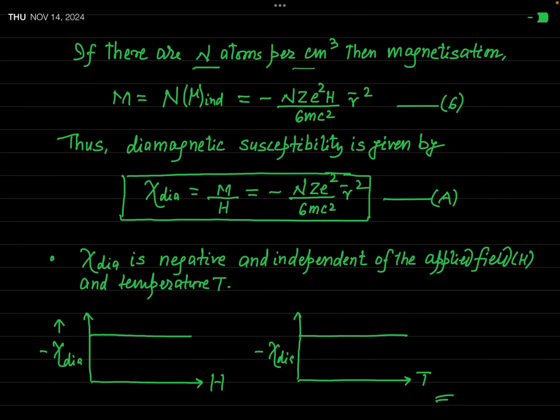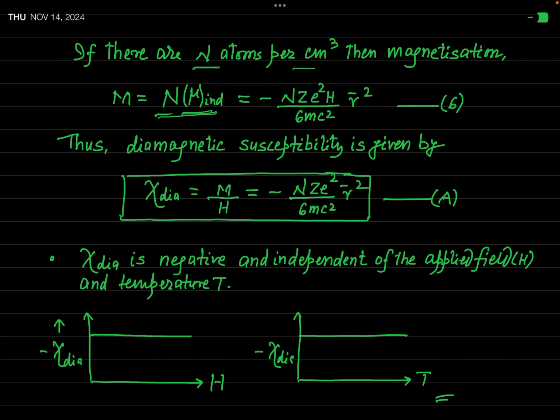That will be simply n times mu induced, because mu induced is the total induced dipole moment of one atom, and n is the number of atoms in unit volume. So n times mu induced represents the total dipole moment of unit volume of the specimen. But you know, the total dipole moment of unit volume of the specimen is called magnetization.